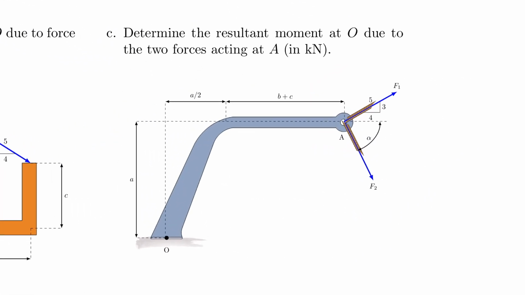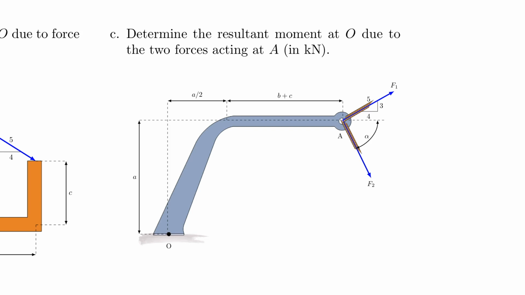See, now the structures become real and they start looking like what you would see in real engineering structures. So you have this system here where you have two forces acting on point A, and you need to find the moment at O right here. I don't think there's much I need to tell you.